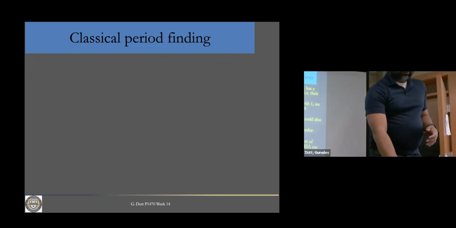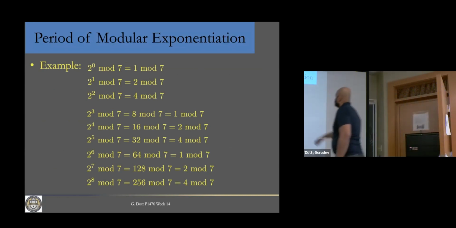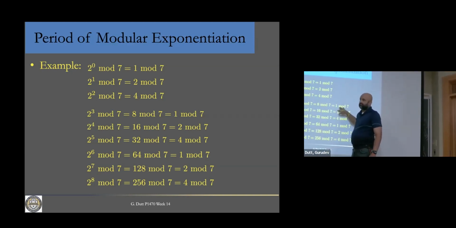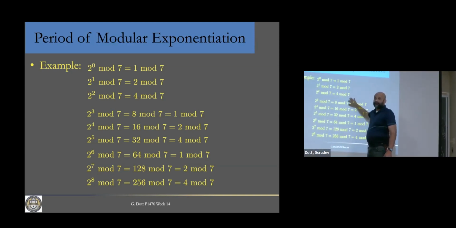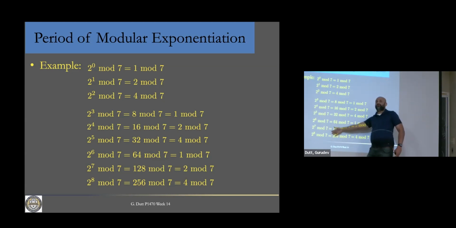Coming back here, for 2 mod 7, we had to calculate only 3 of them before we found out what the order was. But we still had to calculate 3. If you have a large n and a large number that you're finding the powers of, you can imagine how many you would have to find until this pattern 1 mod n repeats itself.